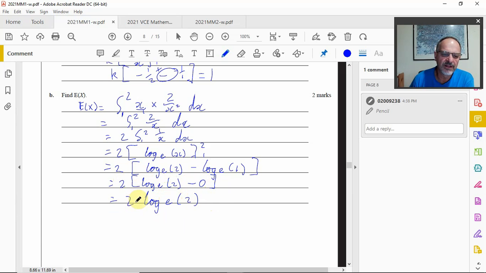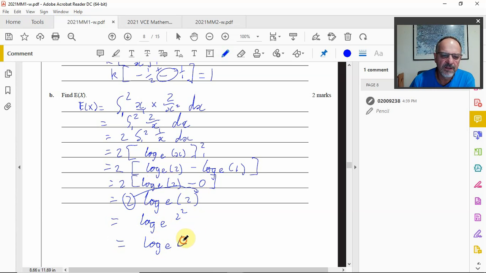And then this 2 that's out the front, we can use another log law in reverse, and bring it up here as a power. So I've got log to the base e of 2 squared, which of course is log to the base e of 4.